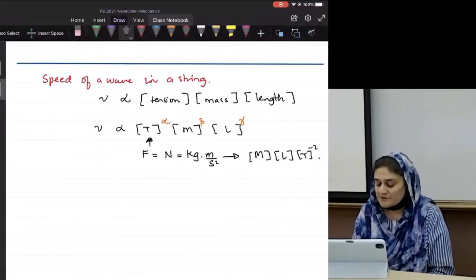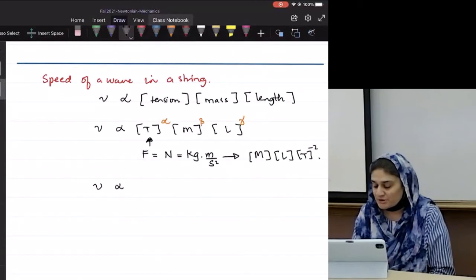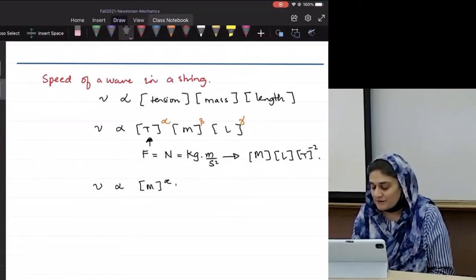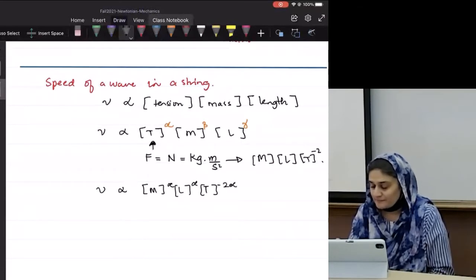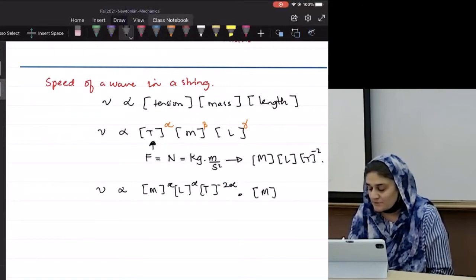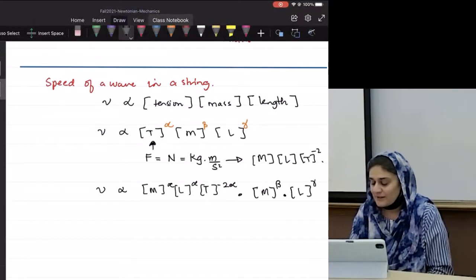So for my dimensional analysis, I'll do V is proportional to M to the alpha, L to the alpha, T to the minus 2 alpha, dot M to the power beta, dot L to the power gamma.